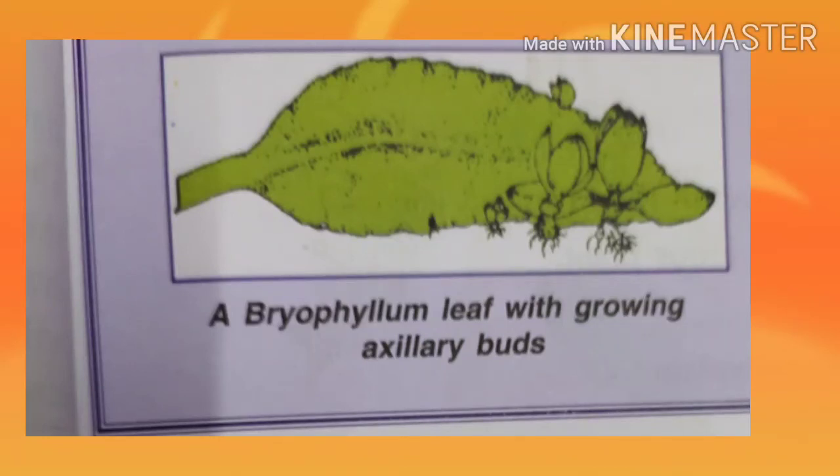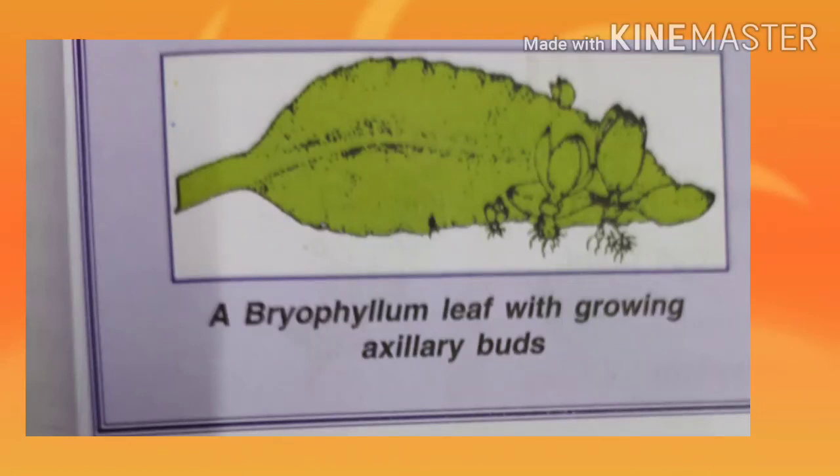This type of reproduction is called vegetative propagation. So what is vegetative propagation? The type of reproduction that takes place in plants from their vegetative parts like roots, stem and leaves is called vegetative propagation.